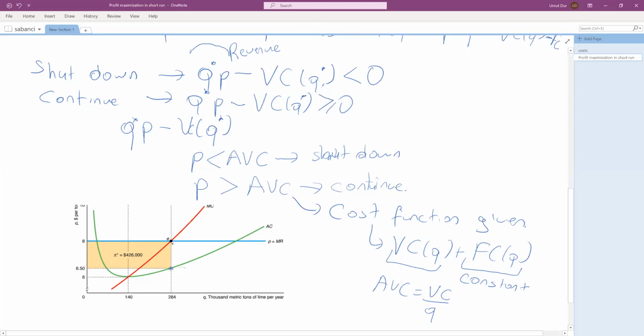You will produce at the quantity where the marginal cost curve intersects with the price level. Once you find the marginal cost, you just equalize it to the price. Then it gives you the output level that you will produce.